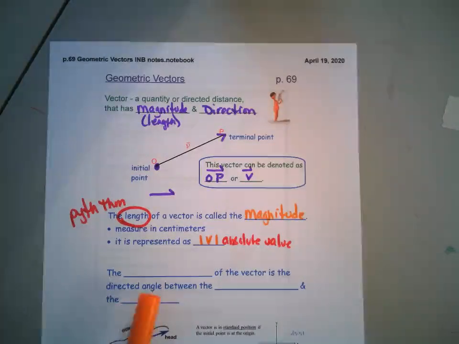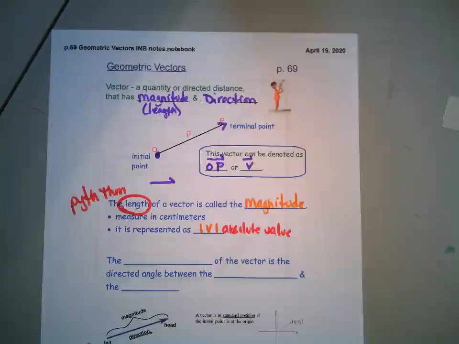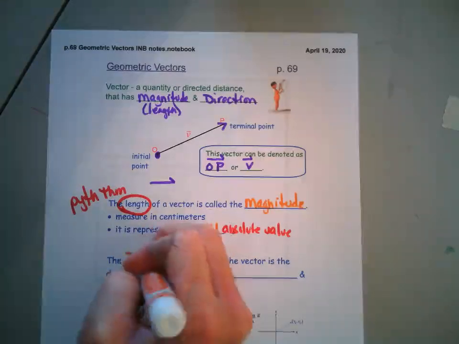And then the other part of the definition of a vector is its direction.